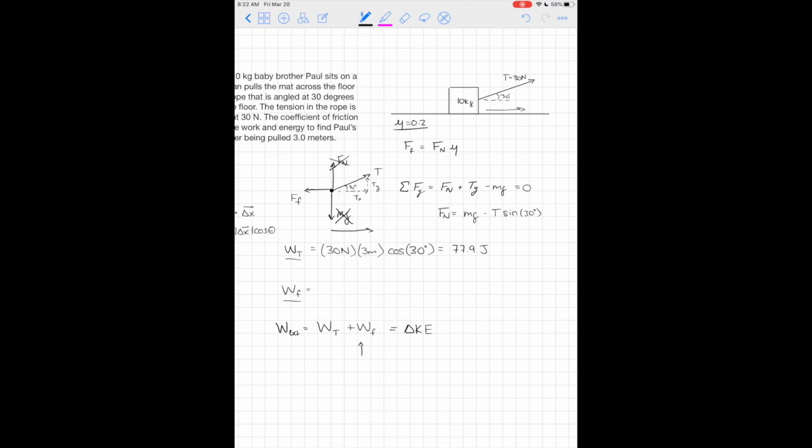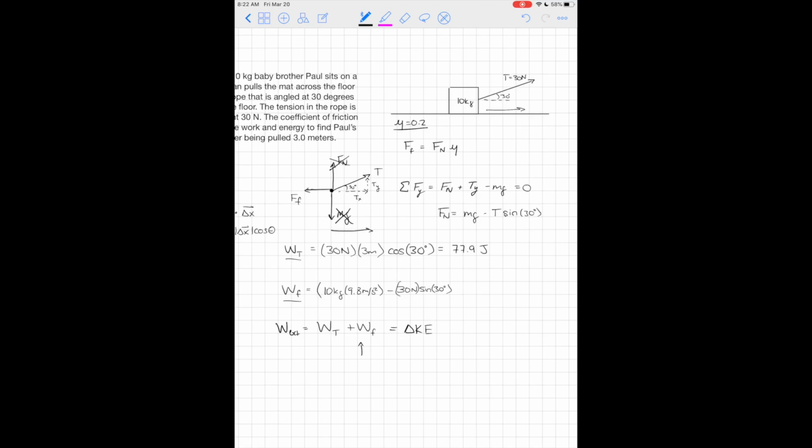If I think about friction, I need to think about what that normal force is, right? So I have mg, which is m, 10 kilograms, times 9.8 meters per second squared, minus my tension, 30 newtons, times sine of 30 degrees.